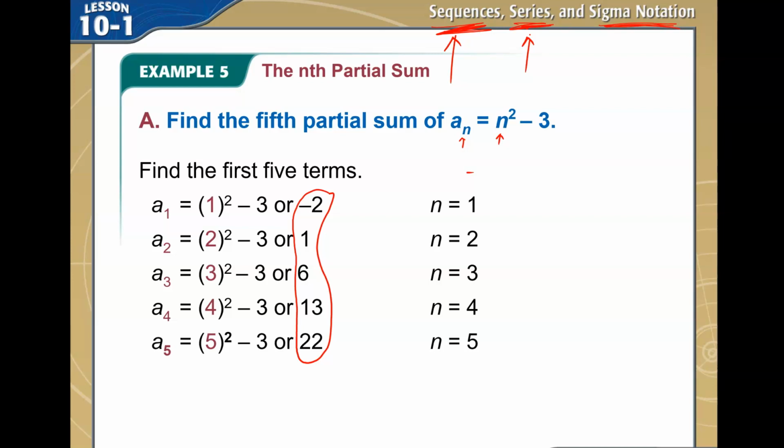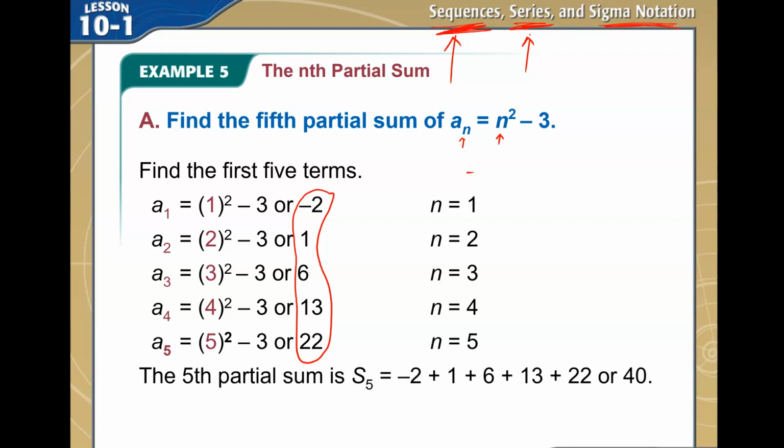Now in this example, what is the question? The question is find the fifth partial sum of this sequence. If the question says find the fifth partial sum, it means first you find the first 5 terms of that sequence, and then you add up all of them. Once you add them all, that is known as a series.